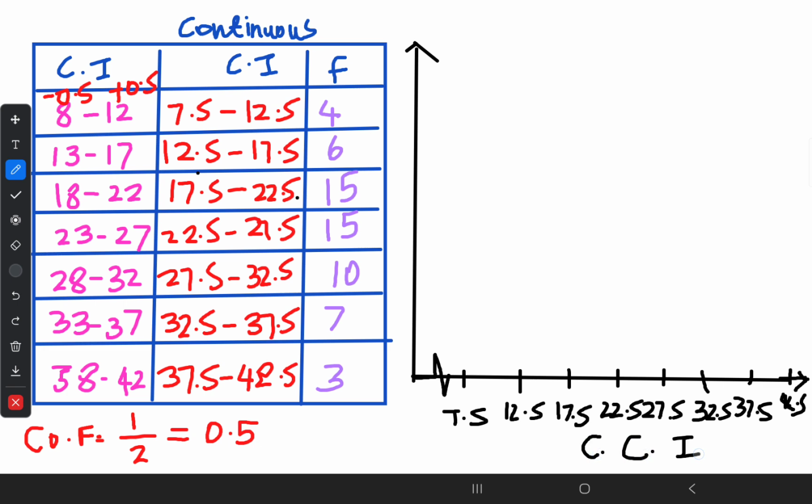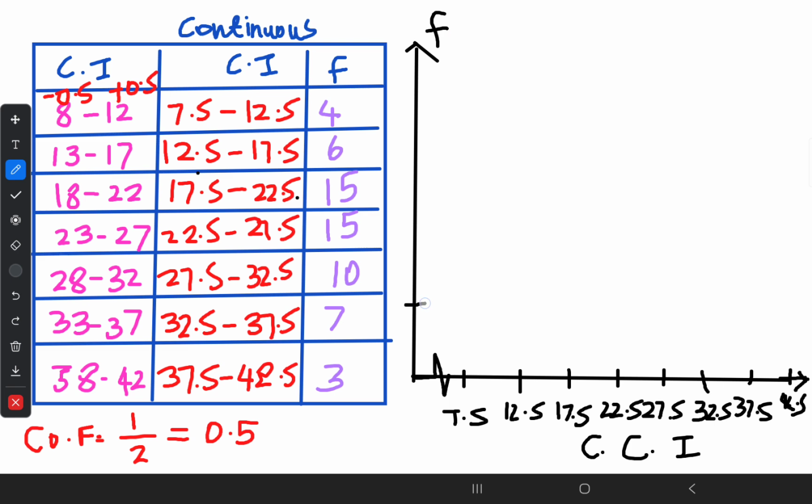In the vertical axis is frequency. The frequency minimum is 3 and the maximum is 15. So I will make it like this. Now the axes are clear. Thereafter we can mark our vertical axis, 3 and 15.